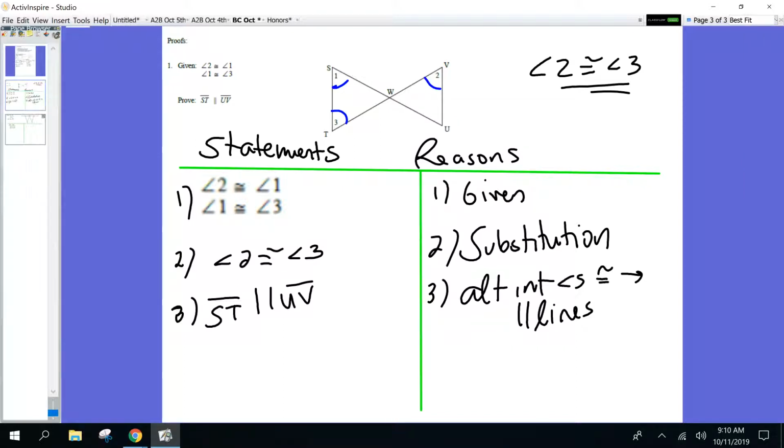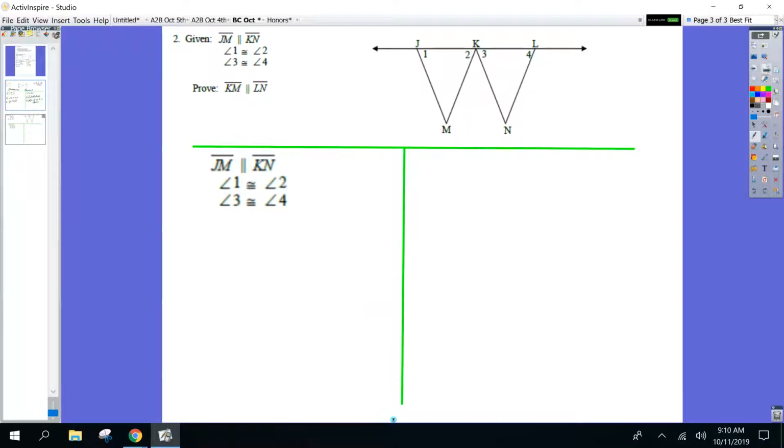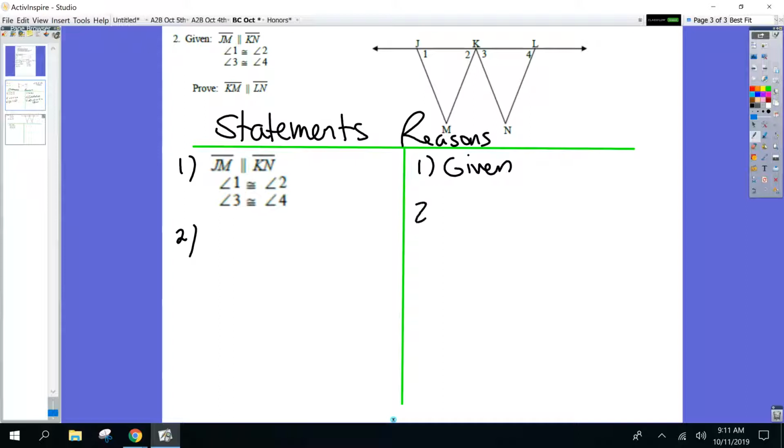Next! Mark your diagram. All the usual pregame stuff.